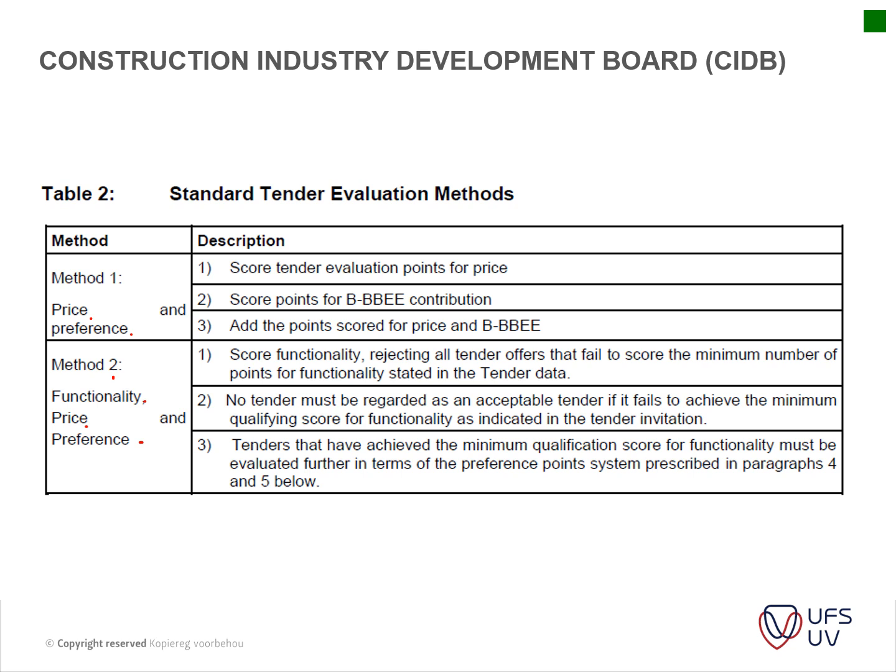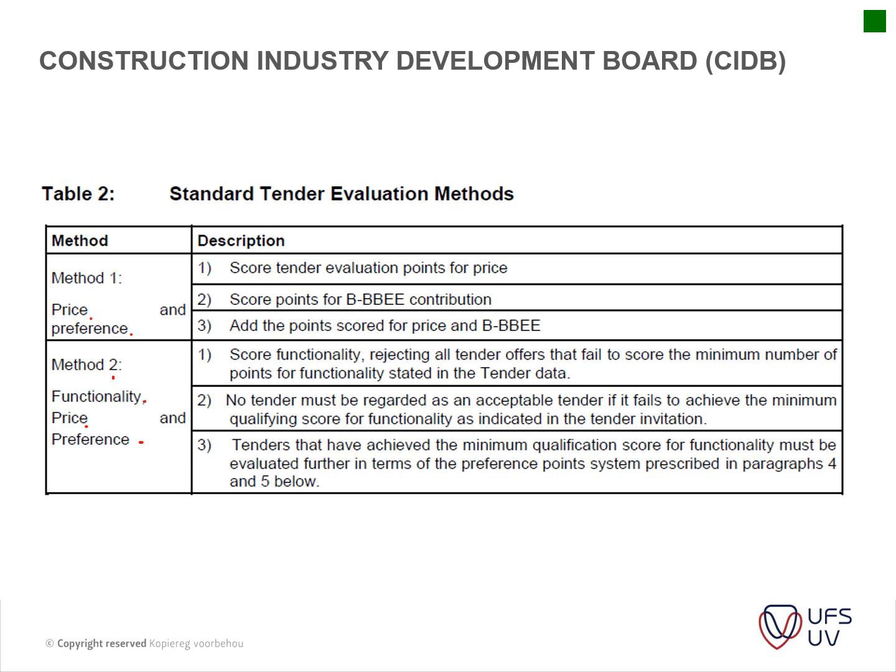So your functionality is like your first stage of evaluation. That's basically looking at, does this contractor have the necessary experience, etc., etc. And then if they don't adhere to that, then they're thrown out. If they do adhere to that, then you evaluate it on price and preference. Then you score points for that.